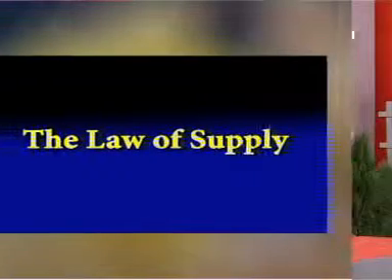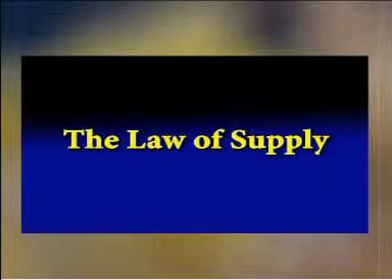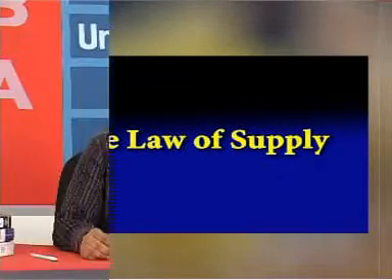Now we are going to talk about another market force, which is supply, which represents what producers are thinking in their minds. According to the law of demand, when the price of any product increases, consumers buy less of that product. But in the case of the law of supply, we see a completely different picture.